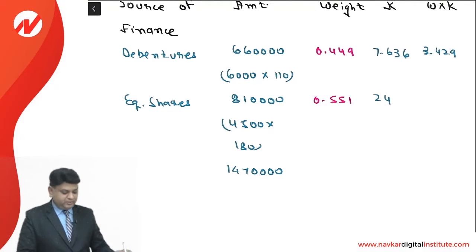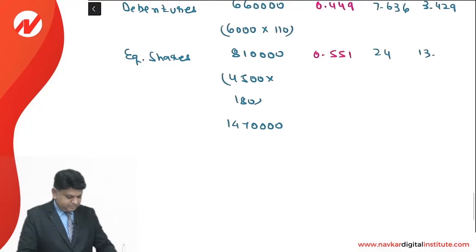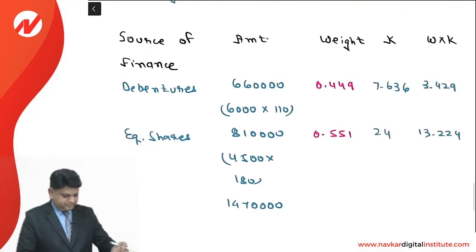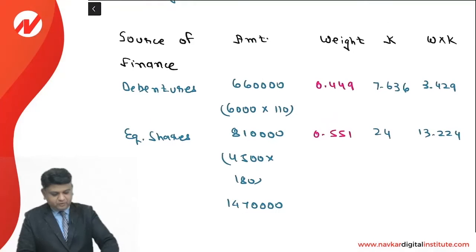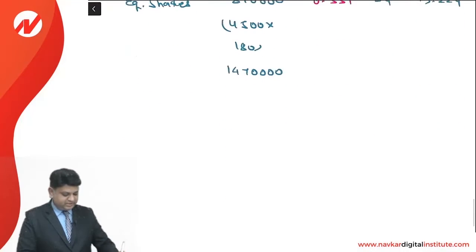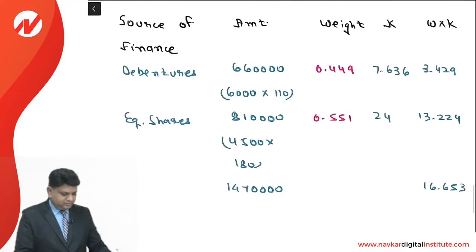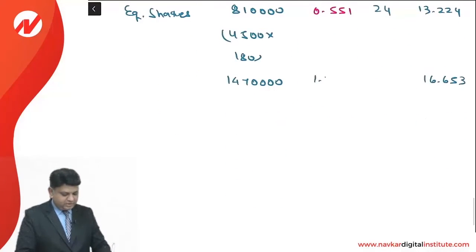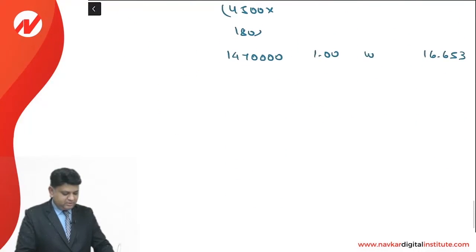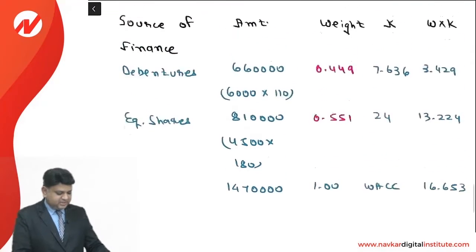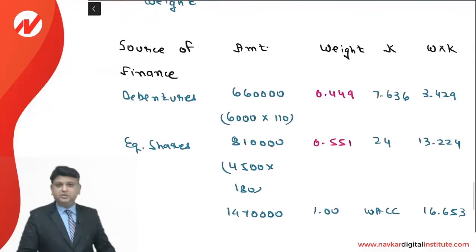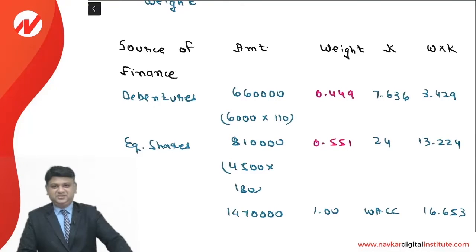It is 13.224. 3.429 plus 13.224, that comes to 16.653. That is the way we compute the weighted average cost of capital, also given a name as overall cost of capital using the market value weights.